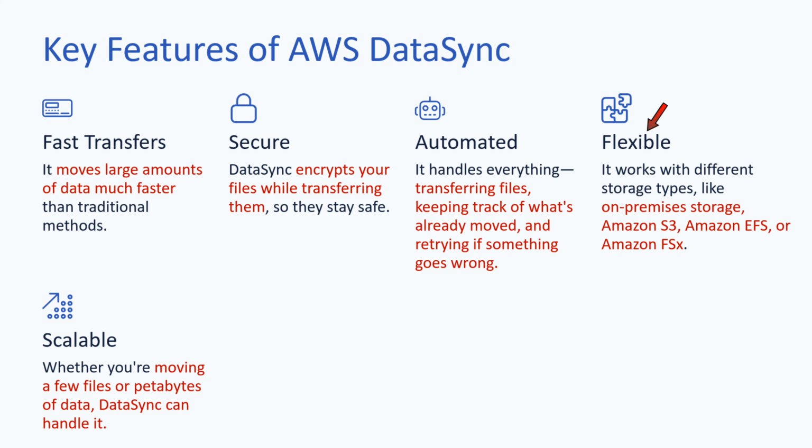Next one is flexible. It works with different storage types like on-premises storage, Amazon S3, Amazon EFS, or Amazon FSx. Next one is scalable. Whether you are moving a few files or petabytes of data, DataSync can handle it.